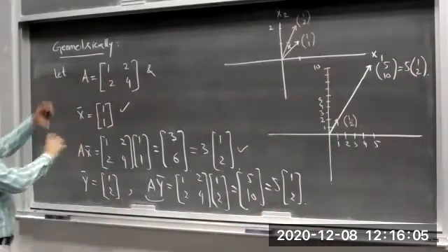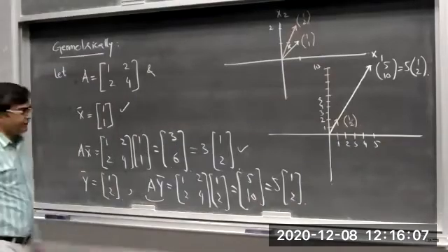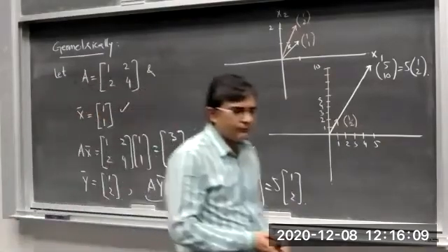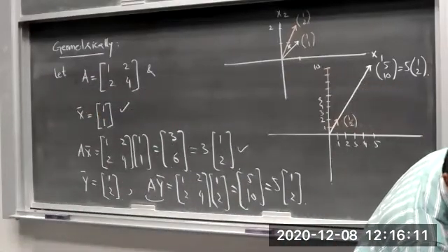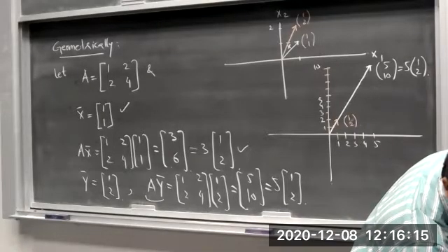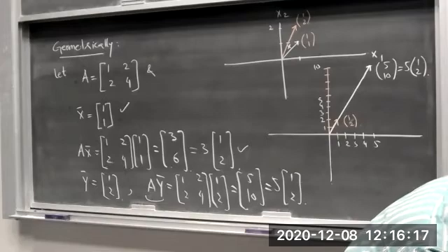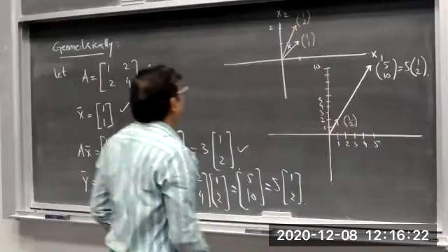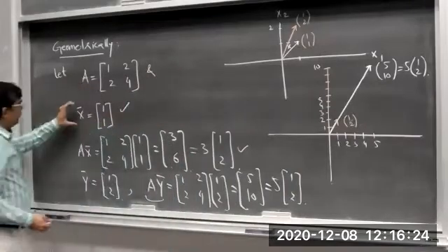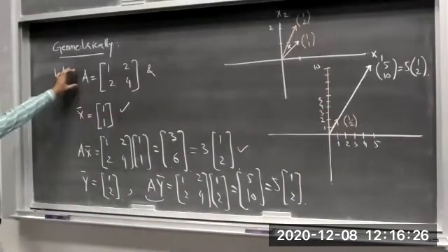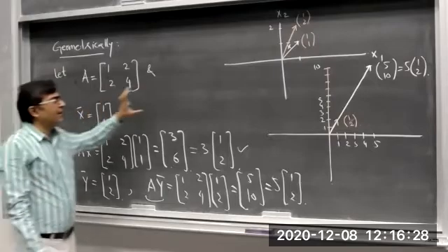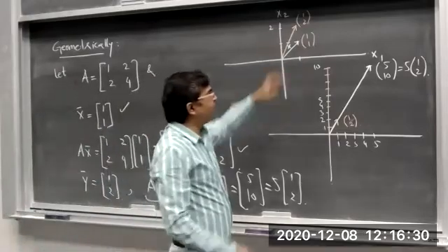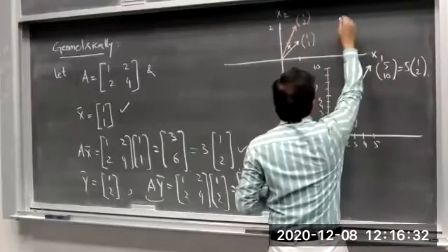Now, in these two examples, what do you observe? In the first example, when we multiply A with X, we get a new vector. Its direction has been changed.